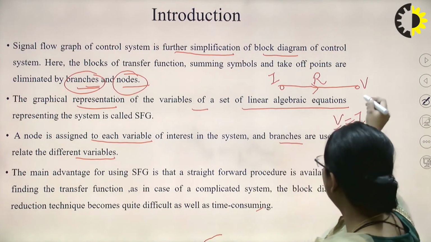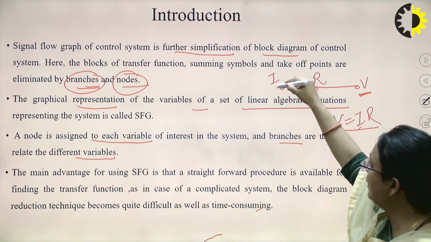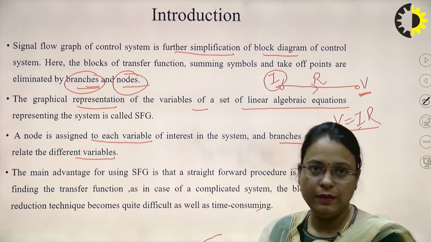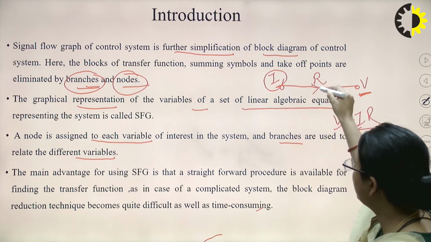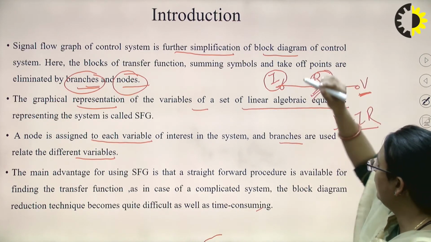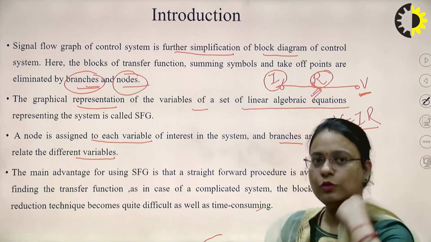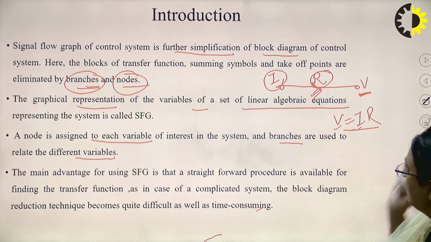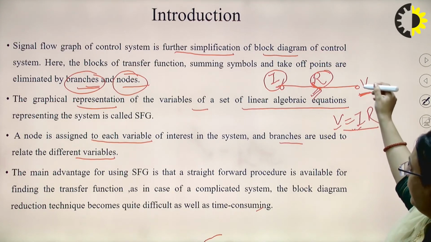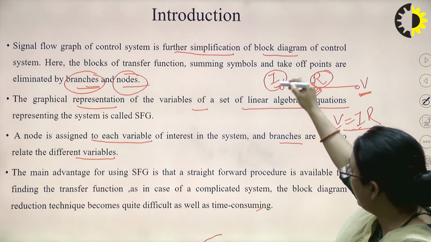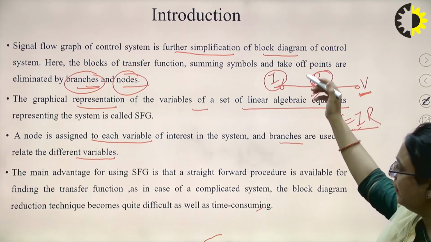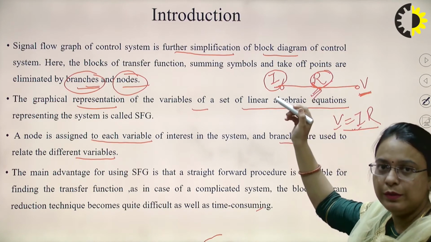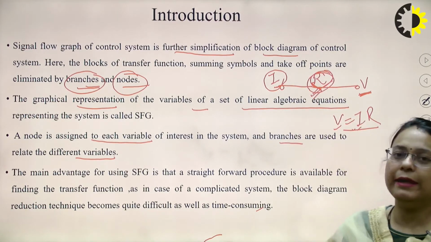You can see here that the variable V is dependent upon the current I, another variable, and these are connected with each other through this transmittance, or gain, called R. So we can easily write voltage V = I into R. When a signal from any node is coming to another node, it gets multiplied by its gain.